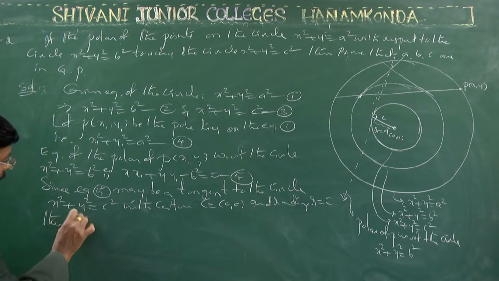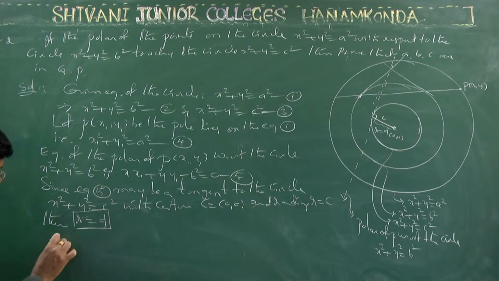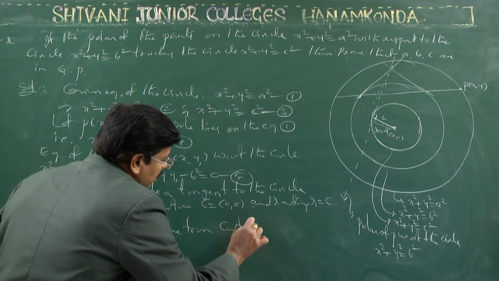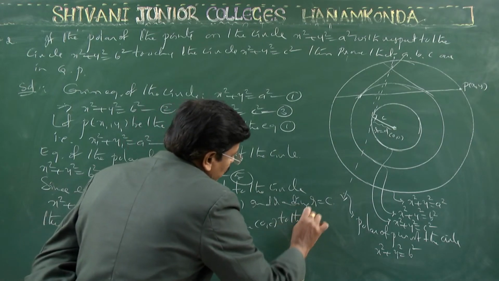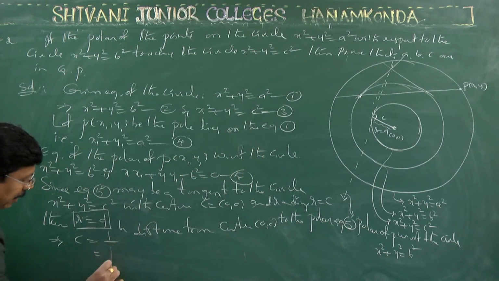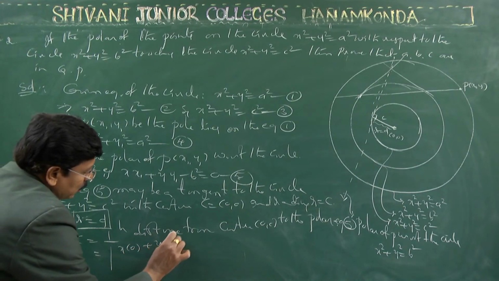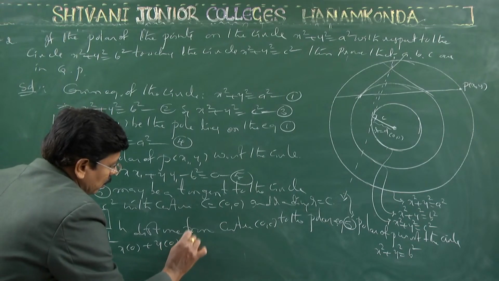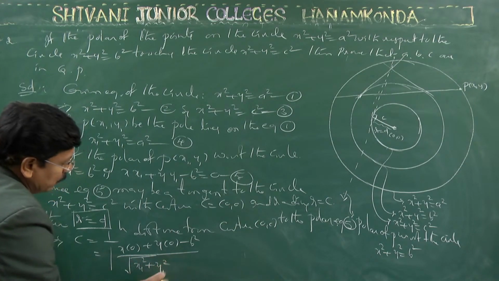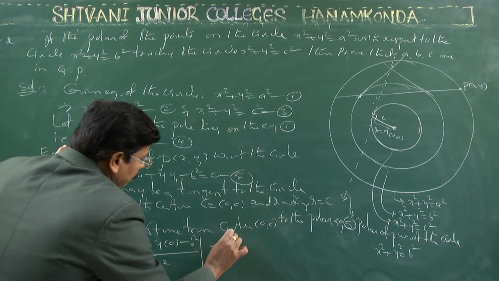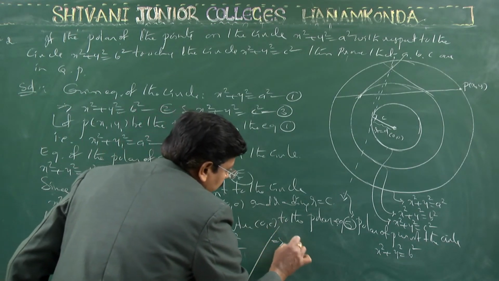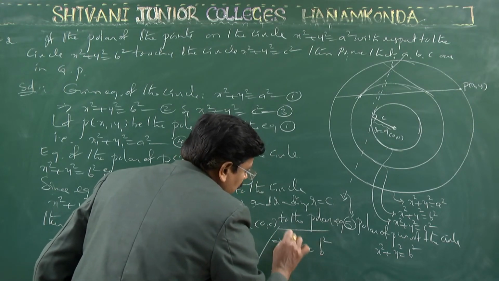So we have the result r is equal to d, where r is c. The perpendicular distance from the center 0, 0 to the polar equation 5 is given by the perpendicular distance formula: x of 0 plus y of 0 minus b square, divided by the square root of x1 square plus y1 square. The result x1 square plus y1 square is a square, which you already know, so c is equal to b square by a. Hence AC is equal to b square.